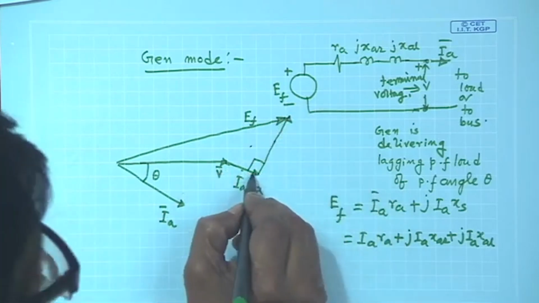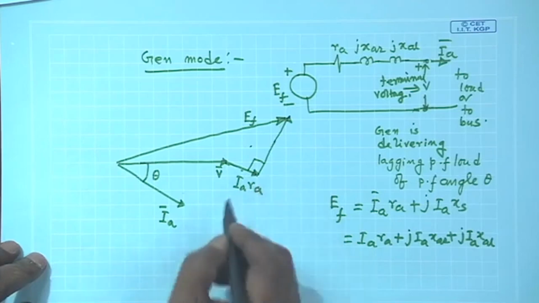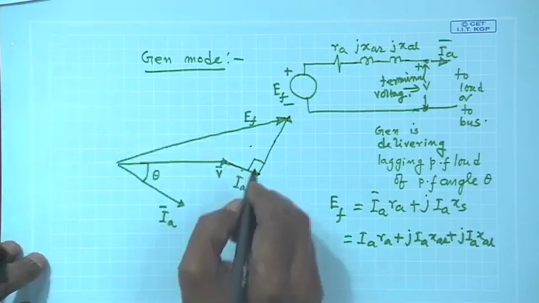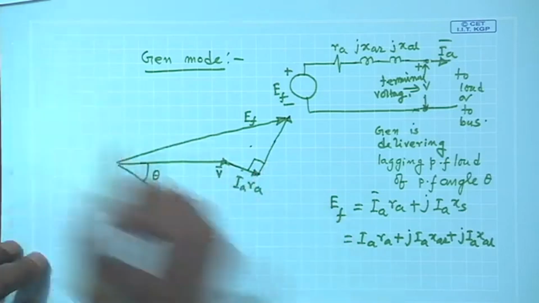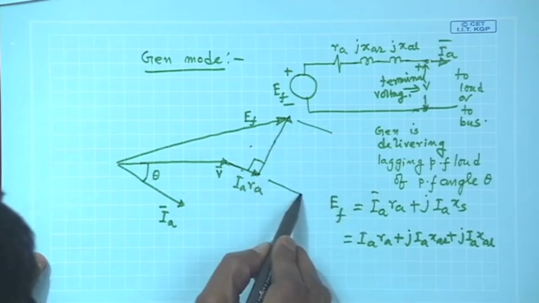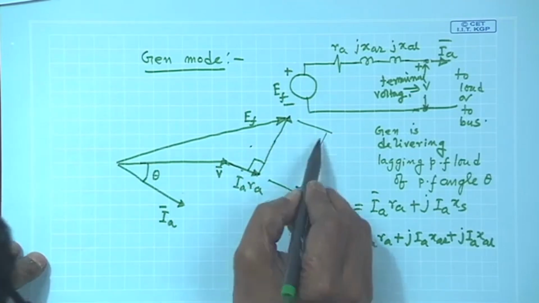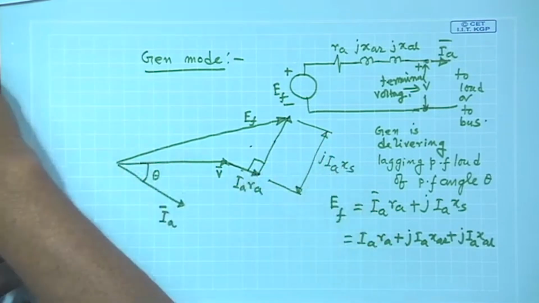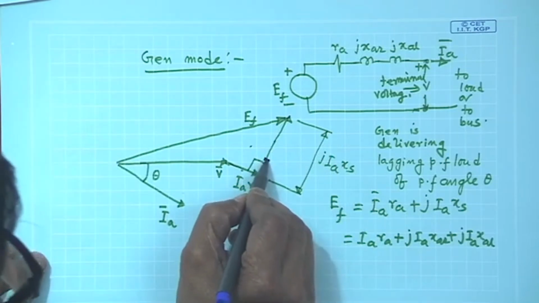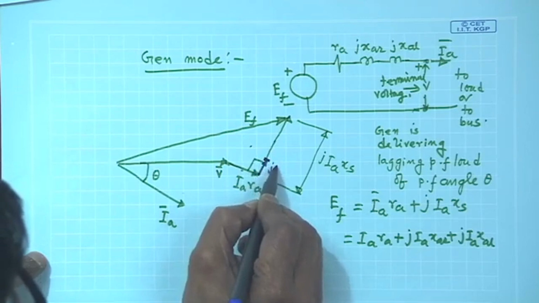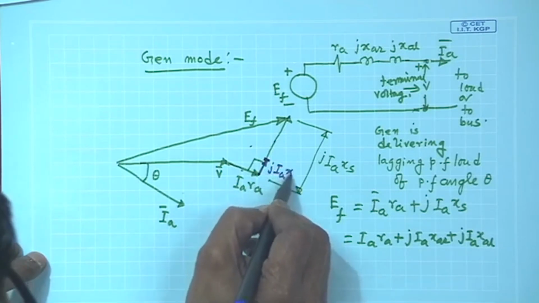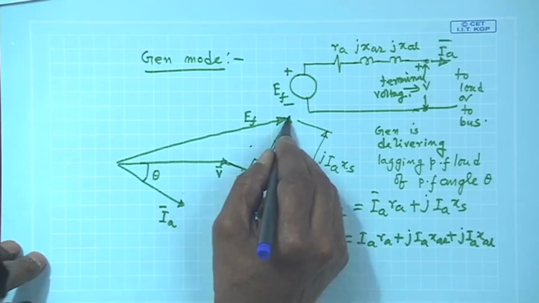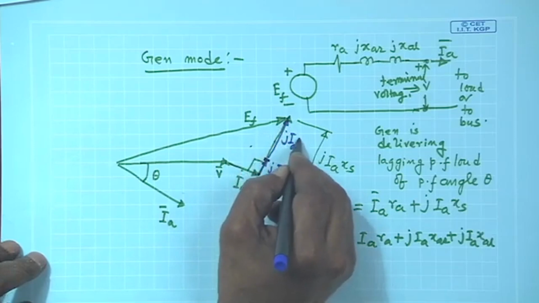Not only that, if you want to get ER, you can show J IA XS as two parts. So, this length is J IA XS, of which a little bit is J IA XL, the small leakage reactance drop, and the remaining is your J IA XAR.